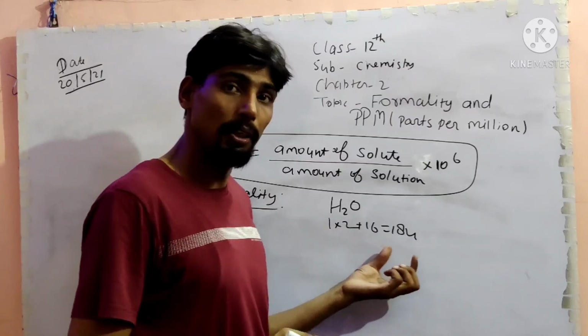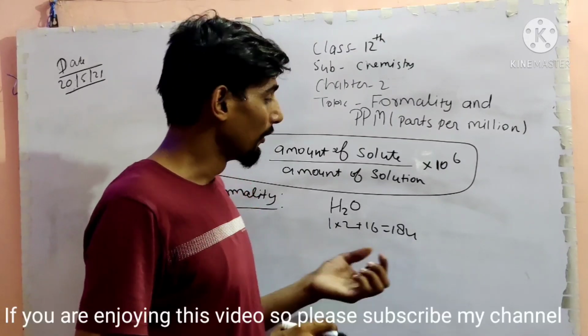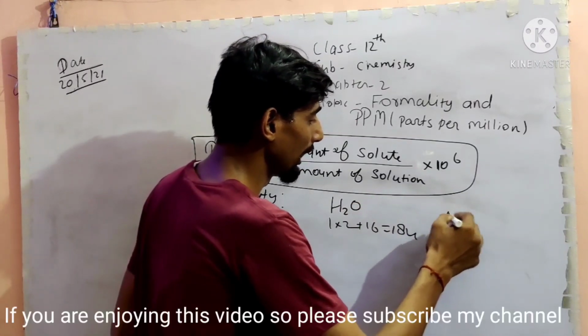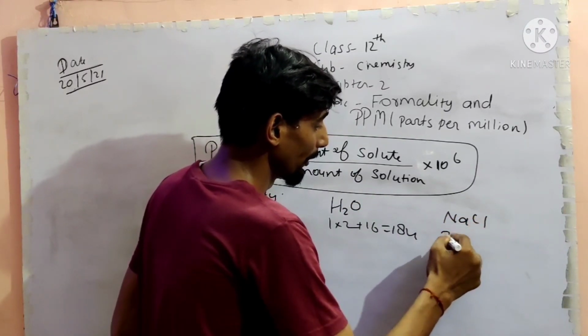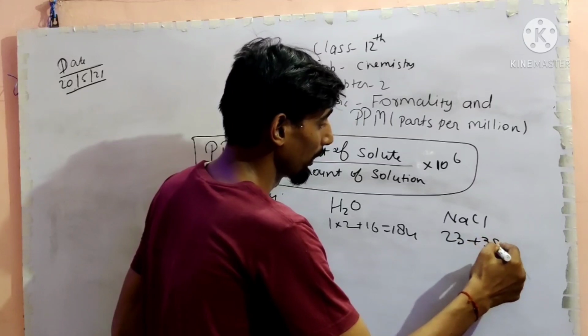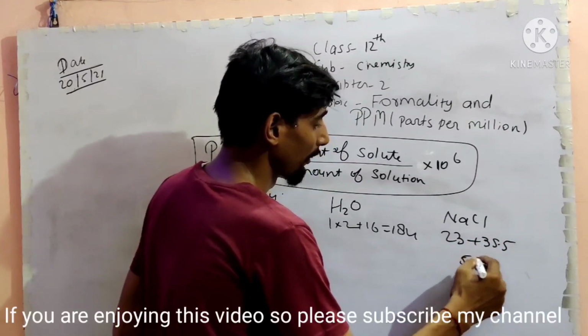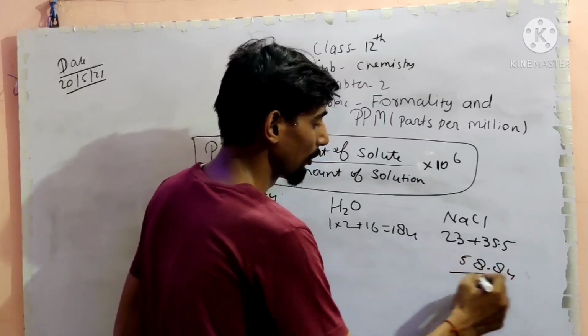This is the molecular mass. Whenever we find the mass of an ionic compound like NaCl, 23 plus 35.5 equals 58.5 u. This is the formula unit mass.